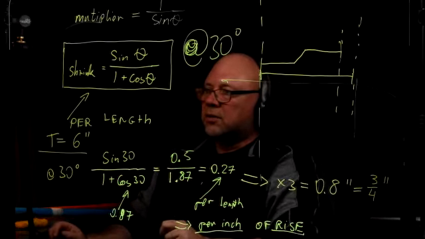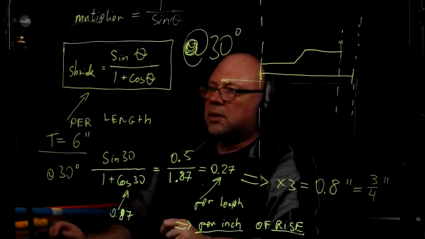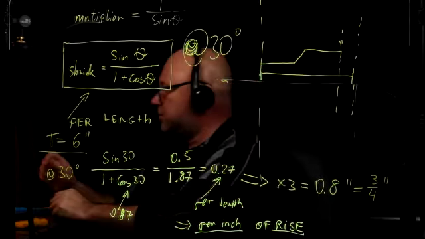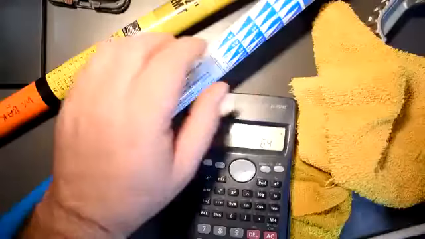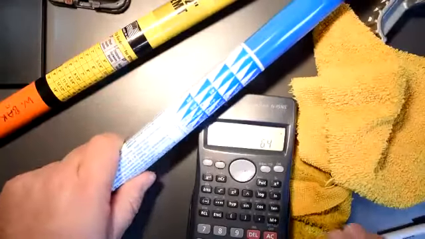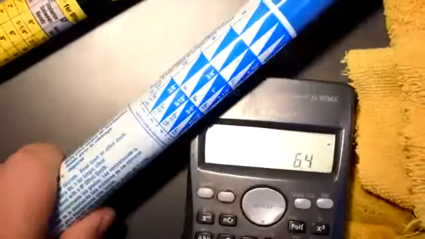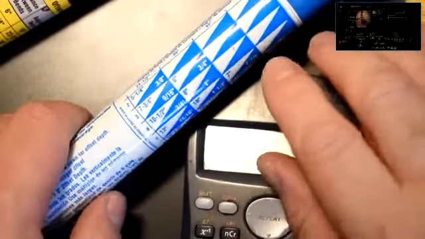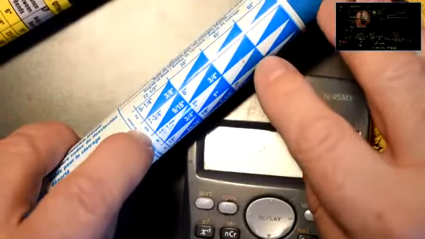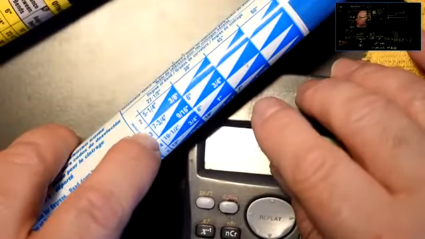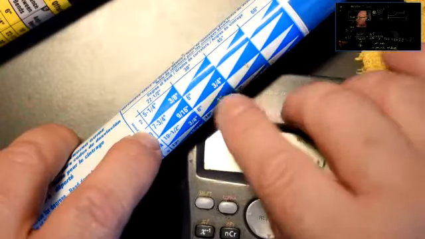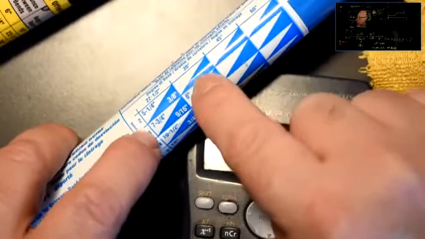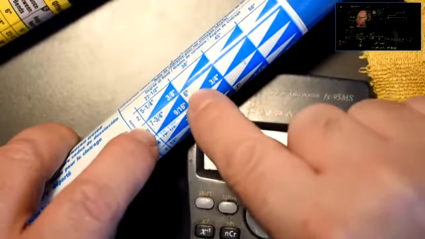Yeah, we could do that too. All right. So let's confirm. To clear 3 inches of height, when we do opposite, under the 30 degrees, we have to mark 6 inches.